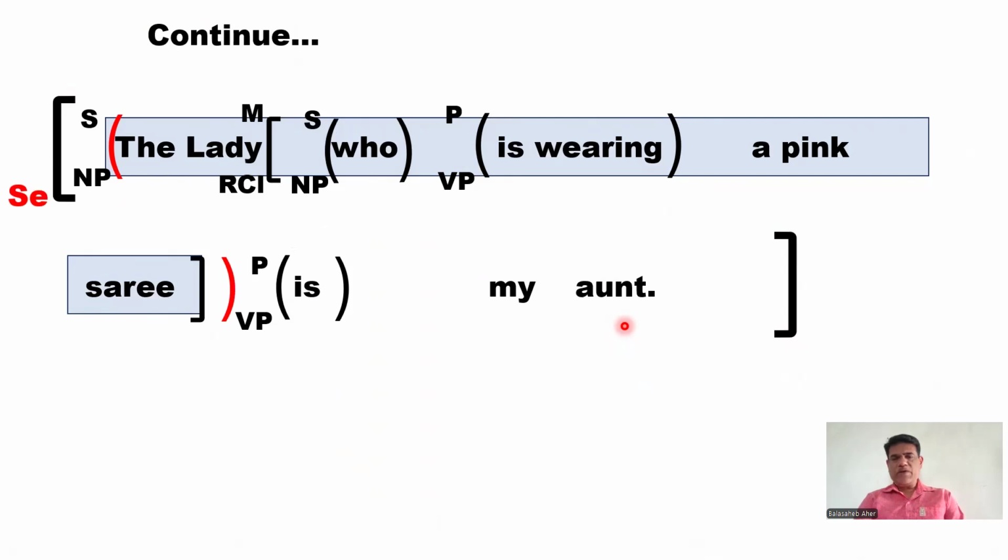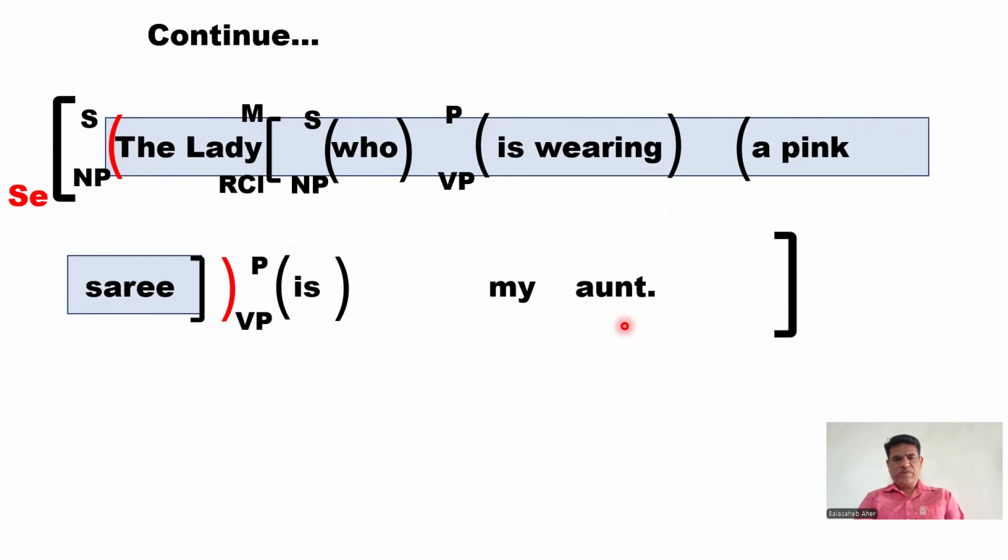Then again we will have to open a new bracket from pink. A pink sari will come in the same bracket because a is a determiner, an article, and it has relation with the sari.